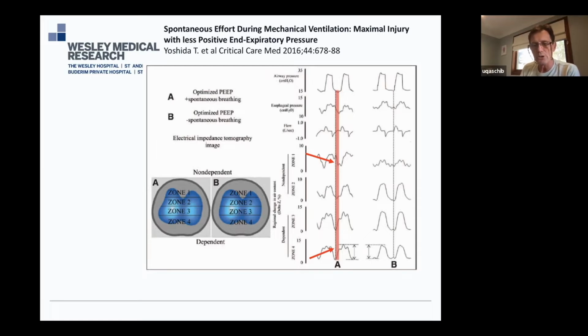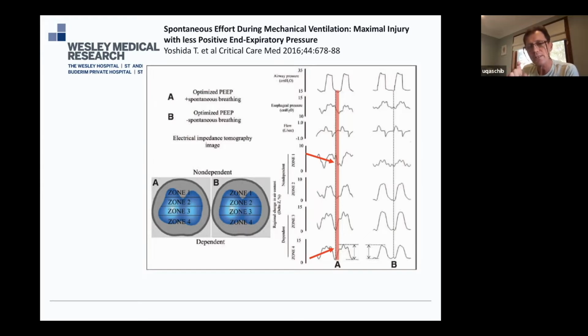During pressure-controlled ventilation with optimized PEEP and no spontaneous breathing, you can see that when you have optimized the PEEP, the volume change is very similar to that during spontaneous breathing and optimized PEEP.